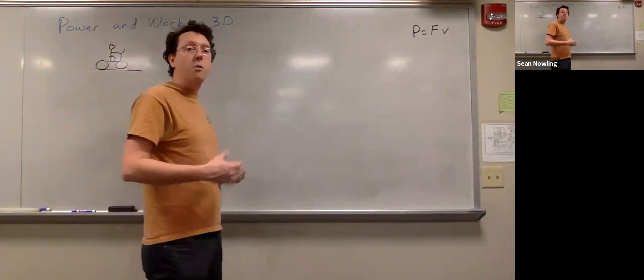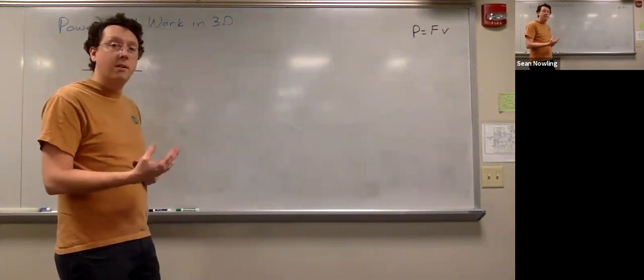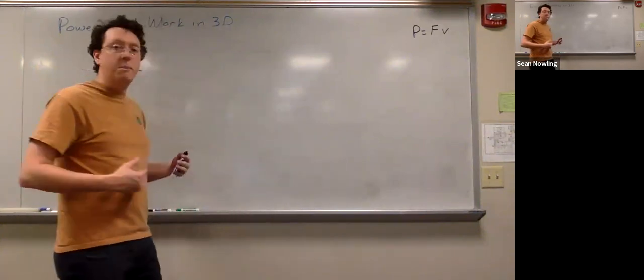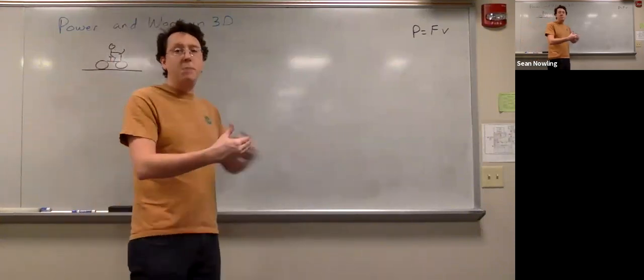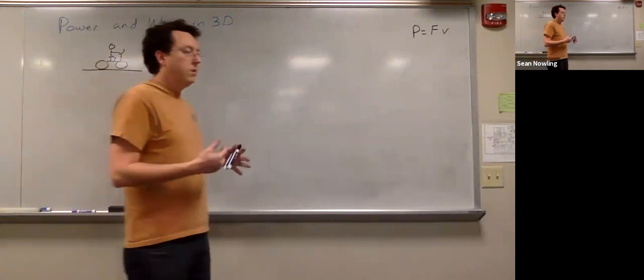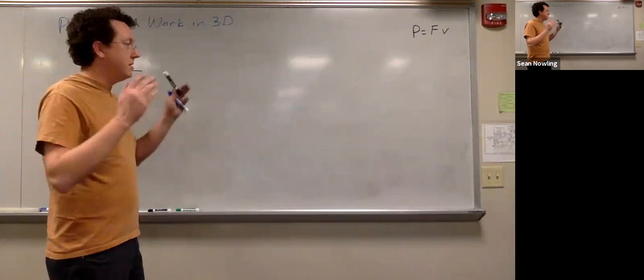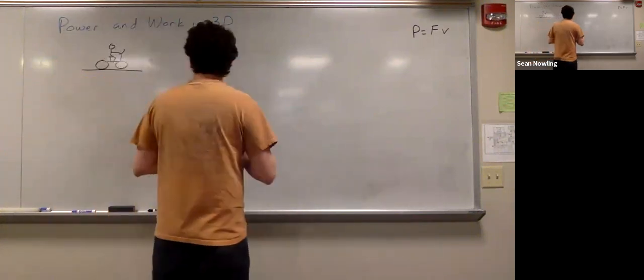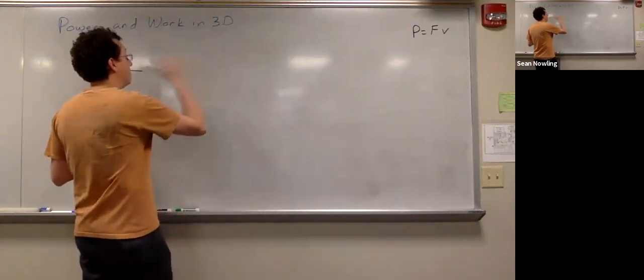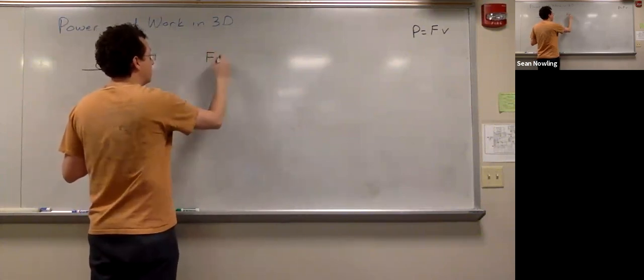What is the power that you have to supply to counteract the effects of the wind? In that situation, basically, the power that you add is immediately dumped into wind resistance. So your power is going to be, at least up to a minus sign, the same as the power of wind resistance, which is drag force. So the force in this case that we're going to study is the drag force.